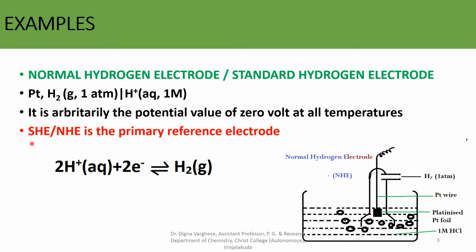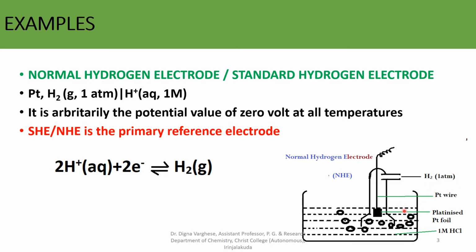The standard hydrogen electrode or normal hydrogen electrode is the primary reference electrode. It is known as the primary reference electrode because SHE is not very convenient for routine work, because of the necessity of bubbling hydrogen gas at 1 atmospheric pressure over the platinum electrode.